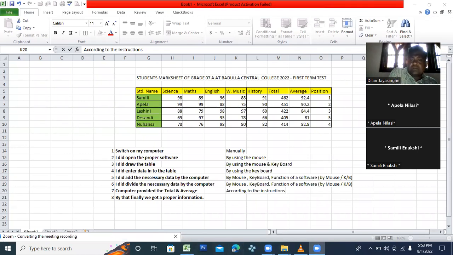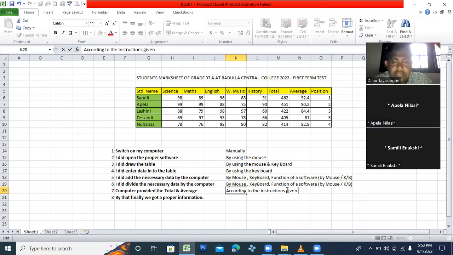Right. According to the instructions given, using the keyboard and mouse, it provided the proper information.